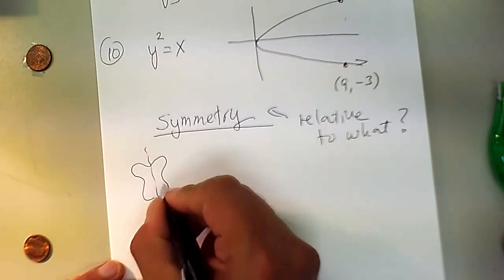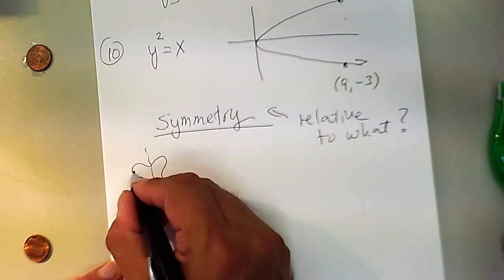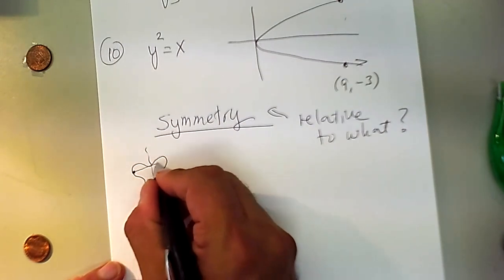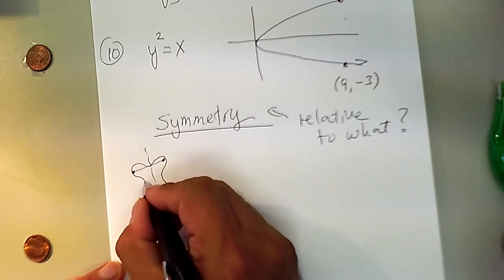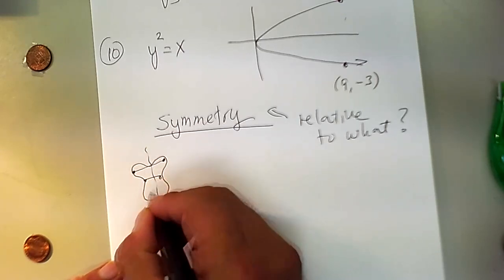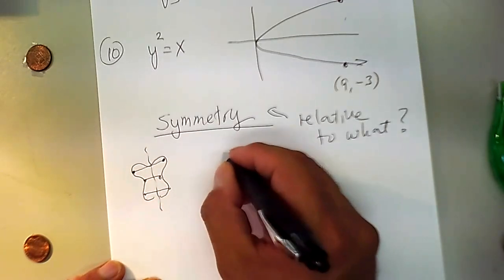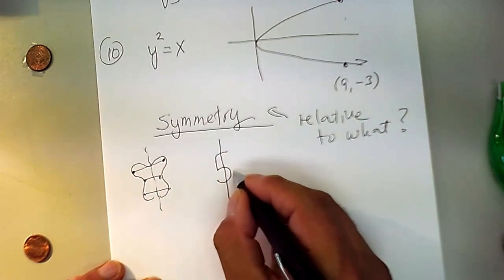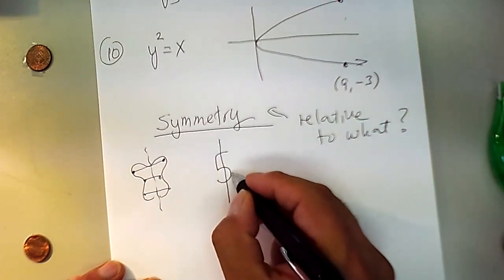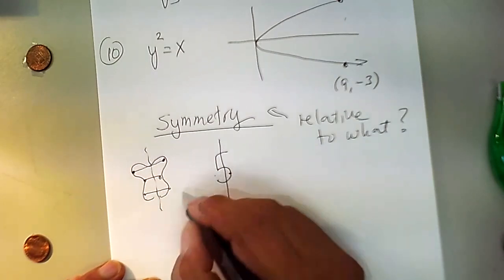And by that, what we mean is that every point on one side of the butterfly will have a corresponding point across the axis of symmetry. So this point has a friend up here, and this here. So for instance, is the number 5 symmetric? And the answer is no, because if you try to draw a line through the center, this point doesn't have a friend out here. So this is not symmetric. This is symmetric.